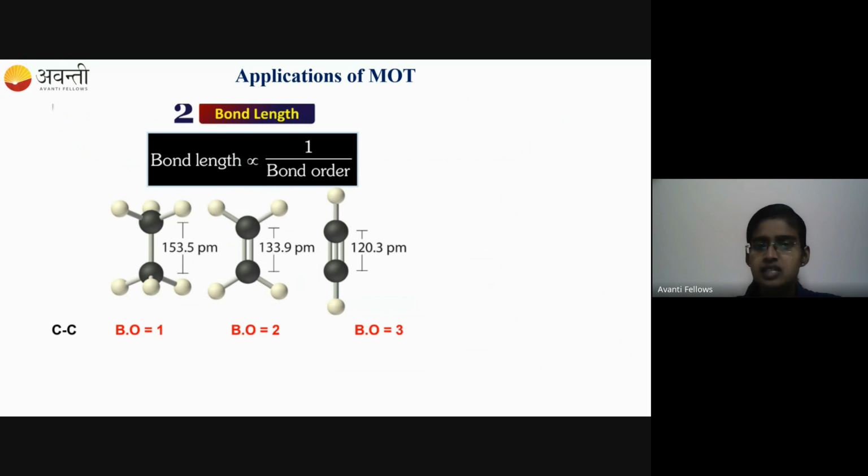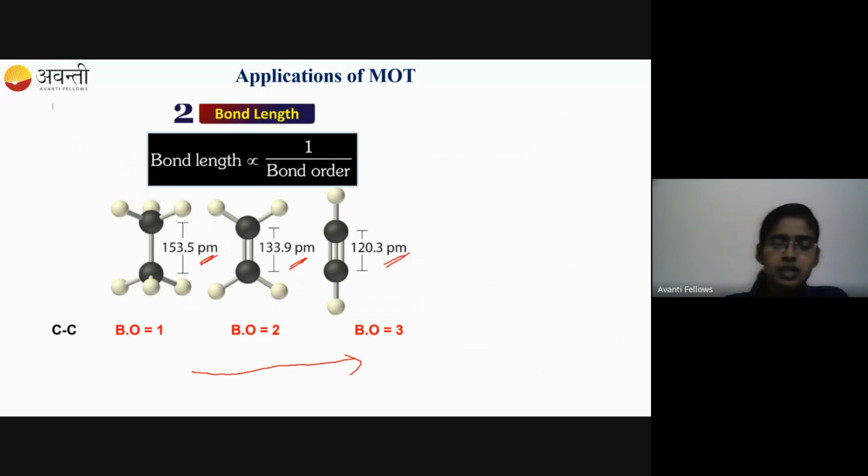In the second case there are two bonds, so bond order is 2. In the third case there are 3 bonds between carbon and carbon, so the bond order is 3. As the bond order increases, bond length decreases, because they are inversely proportional. This is just an example; we can apply this to any of the molecules.